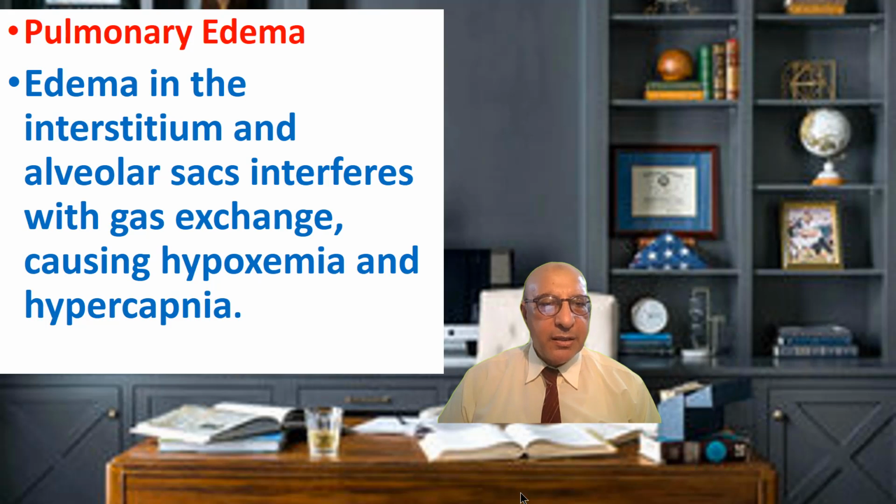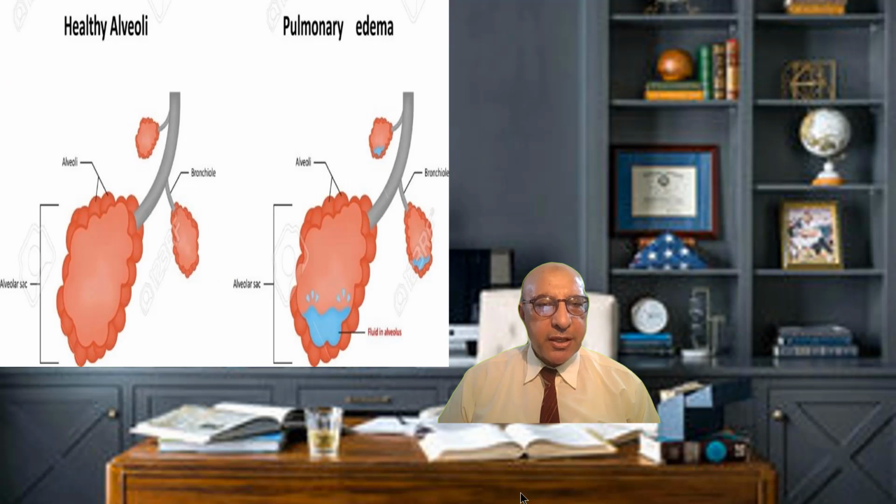Actually, edema in the interstitium of the lung and the alveolar sacs interferes with gas exchange, causing hypoxia and hypercapnia, which is very serious and can be fatal. If you look at this figure, you will notice that on the left side we have a healthy alveoli. The alveoli completely free of any fluid. It is only containing air.